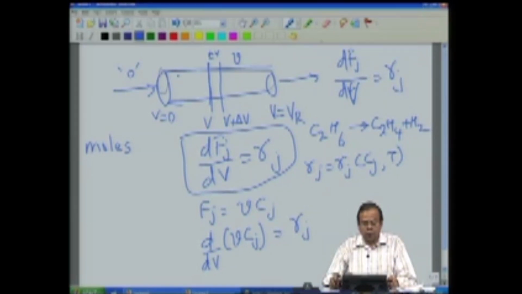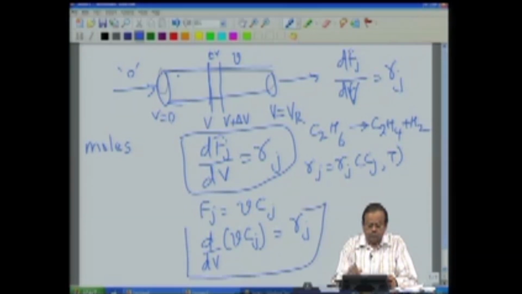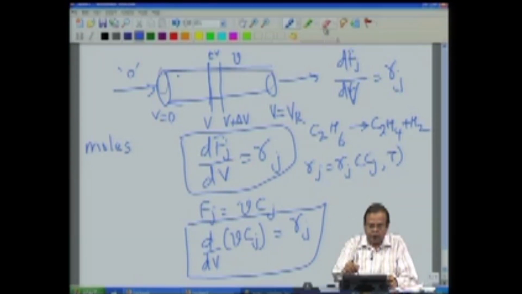I will also bring your attention to a more common form which you might have seen earlier, that this is our now mass balance equation.